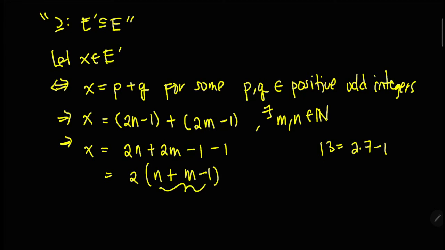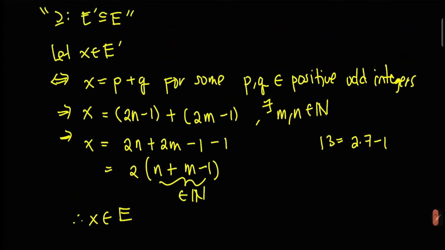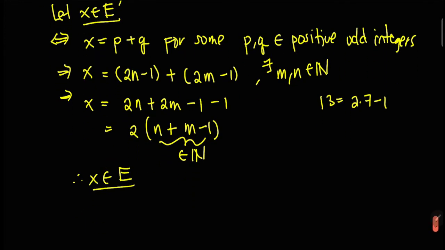Now, of course, n and m are natural numbers, so n plus m minus 1 is a natural number as well. So 2 times a natural number makes x an even number. So x is an element of E. We started from the expression x is in E prime and end up with the expression x is in E. Therefore, we conclude that E prime is a subset of E. So, by two-way inclusion, we have the desired equality.